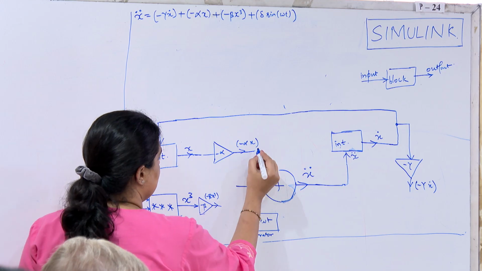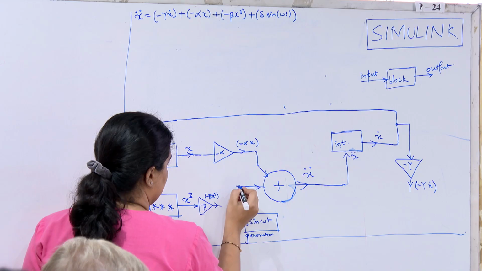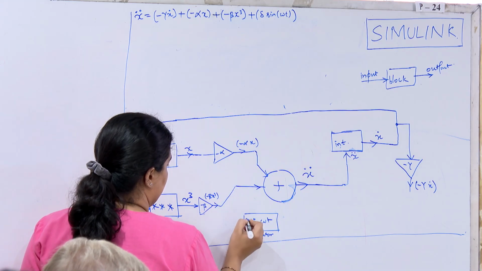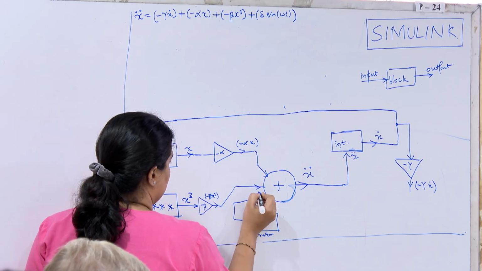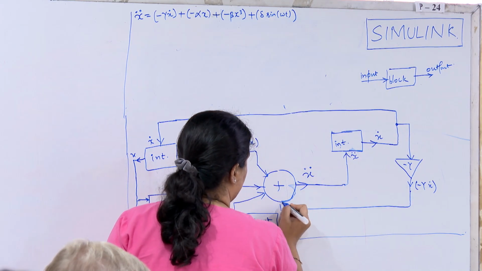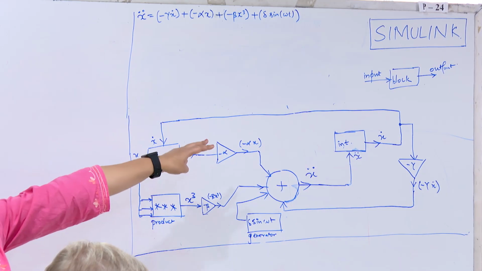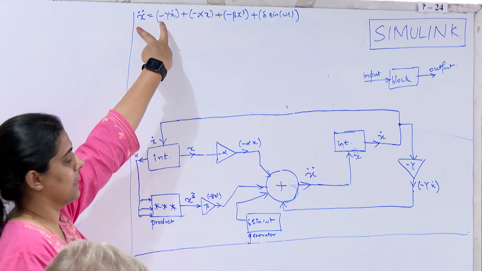So I just need to put it here. You can just put it like this. And one more I will be needing. Okay, so my block diagram is now ready. I am adding all these things. Once you add it, what you are getting? X double dot.